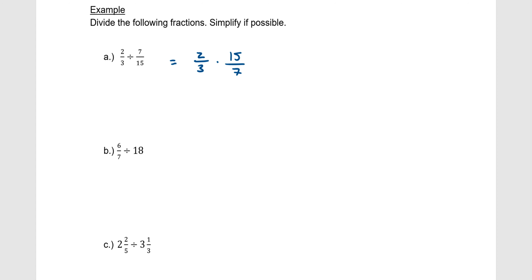So we can cancel common factors first. 15 divided by 3 is 5 over 1. And now we can multiply. So 2 times 5 is 10. 1 times 7 is 7. Let's write this as a mixed number. We end up getting 10 divided by 7 is 1 and 3 over 7.